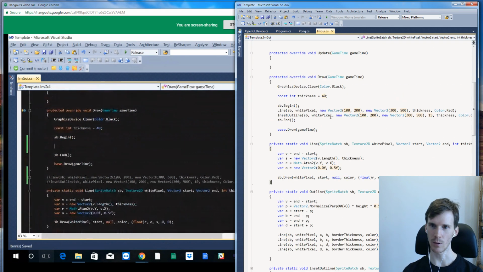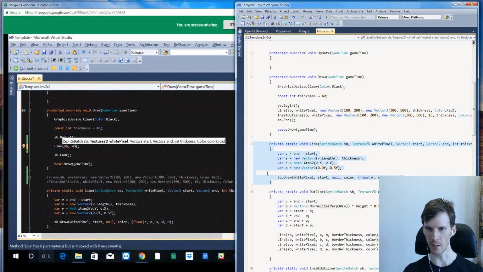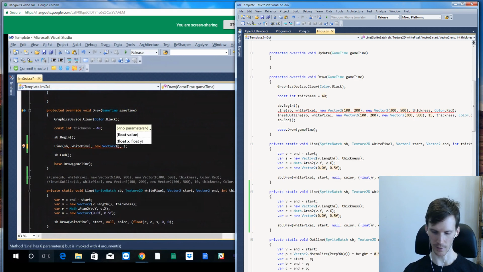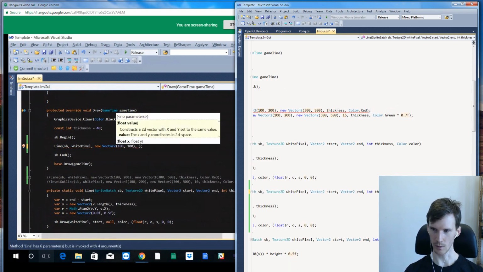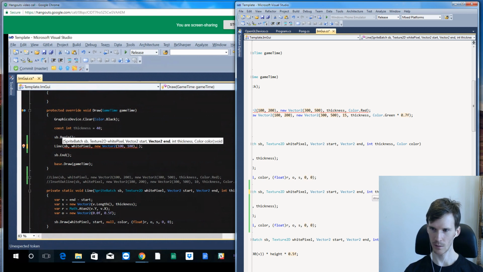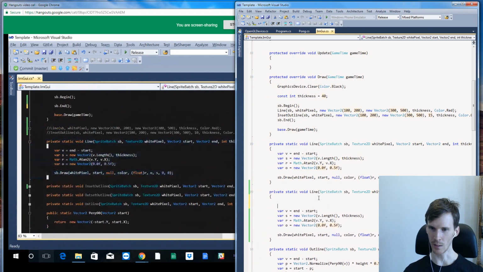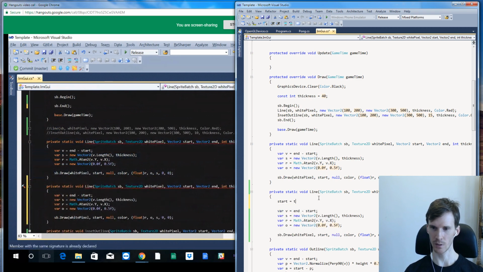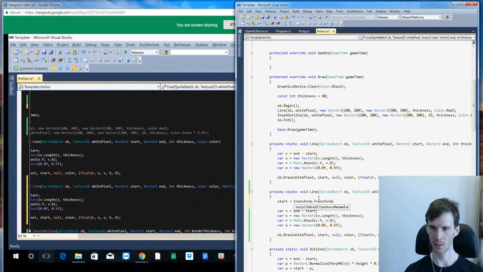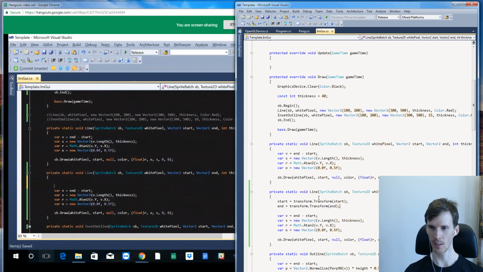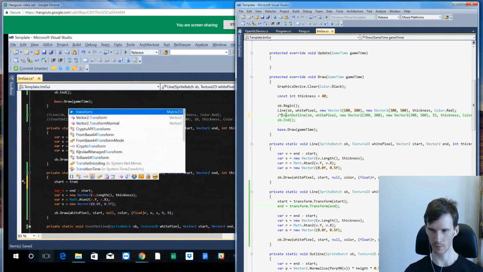So we could copy this and add on a transformation, and be like start equals transform times transform.Transform(start), and end equals transform.Transform(end). So get rid of that for now.